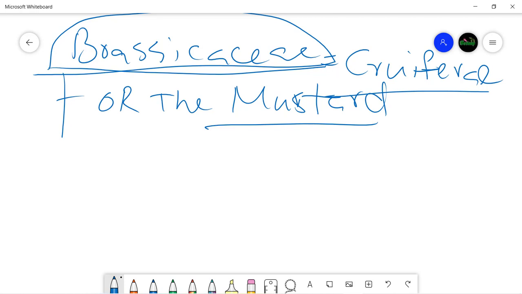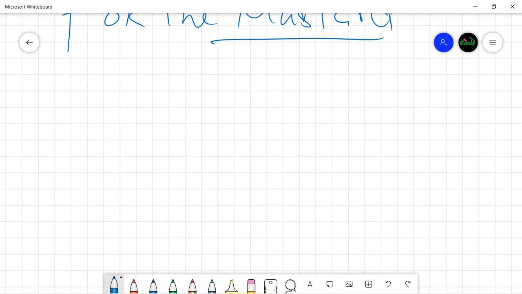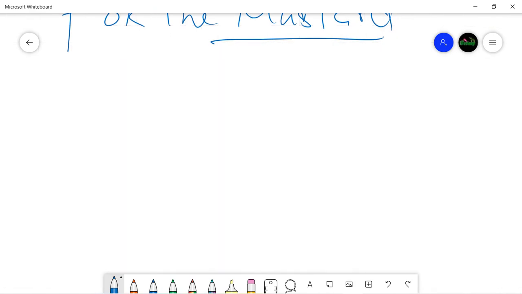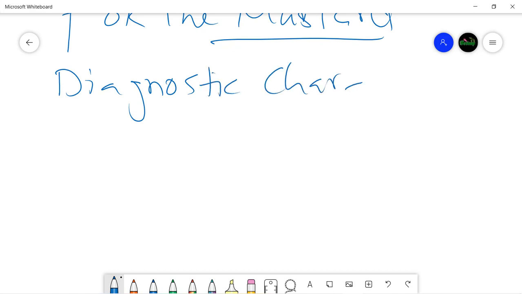So that is its very common plant. Now, first of all, we are going to discuss its diagnostic characters, or the characteristic characters of it, or the distinguishing characters of family Brassicaceae. So diagnostic characters.